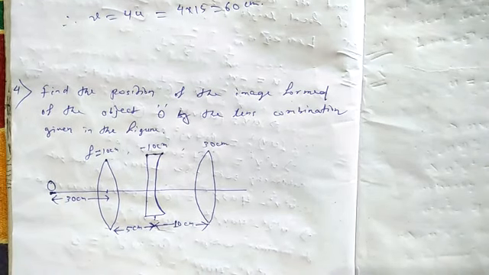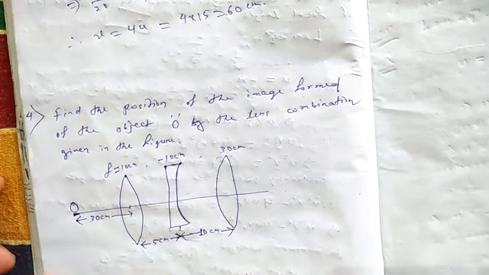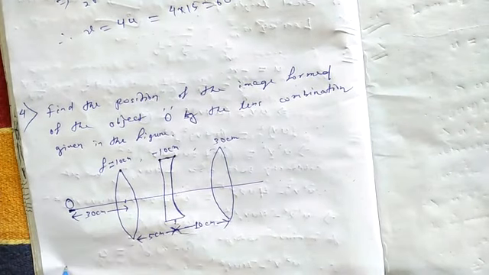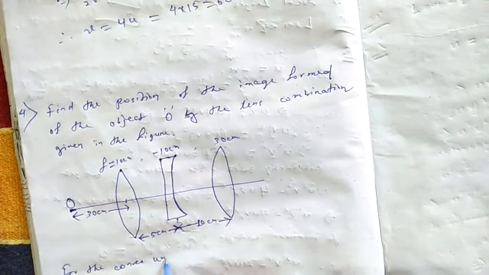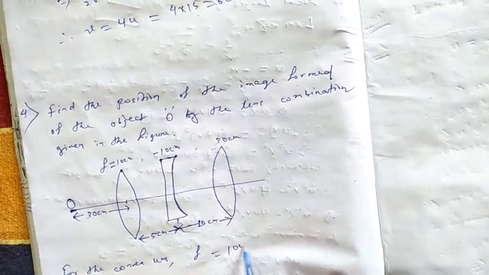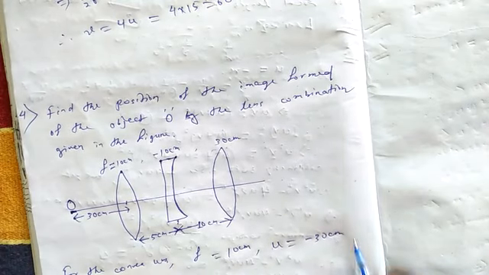So let us see the first lens. For the first lens, or the convex lens, F is equal to 10 centimeter and U is equal to minus 30 centimeter.